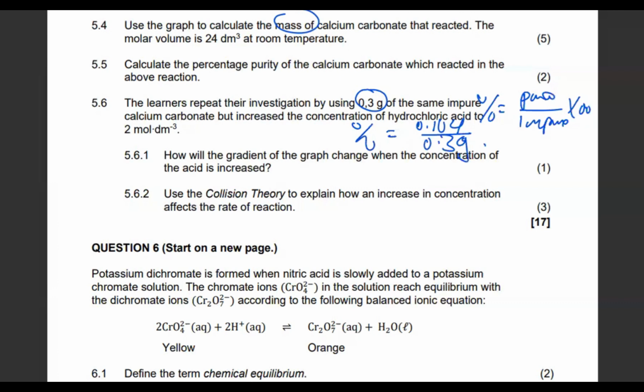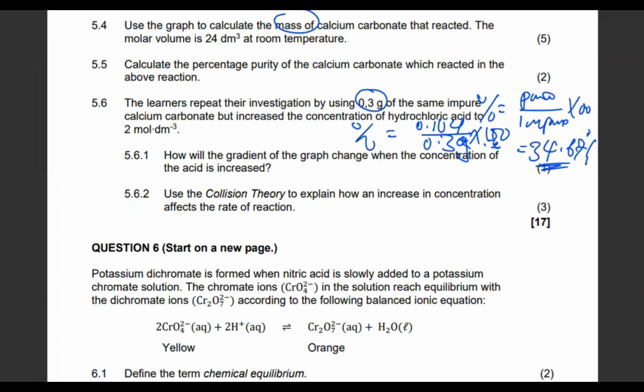Times 100, because we want to put it into 100. The calculator gives me 34.67%. So this is the percentage purity.